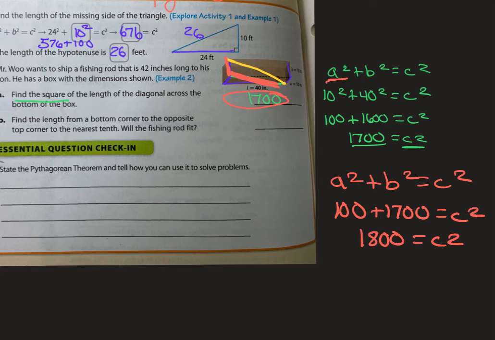Now we'll round to the nearest tenth, okay? So we're going to put 1800, and we're going to say second, square root, 1800, equals, and you're going to get c being approximately 42.4 if you round to the nearest tenth, okay?